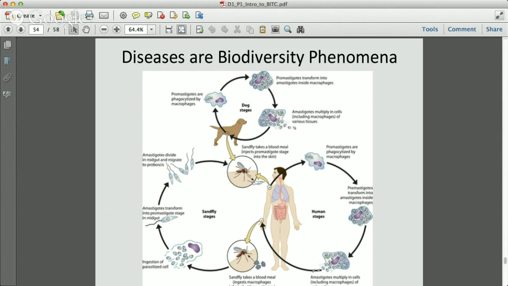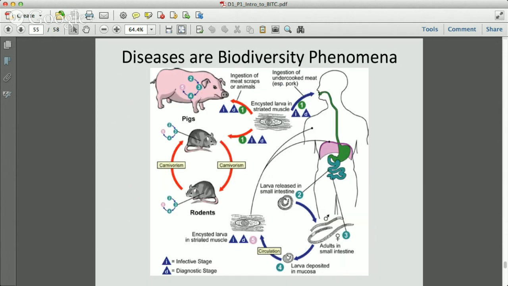And really there's another whole dimension to this, which is wild mammals that may or may not also be involved. Here is trichinella, another zoonotic disease. And notice that here we have involved the pathogen, but also rodents.